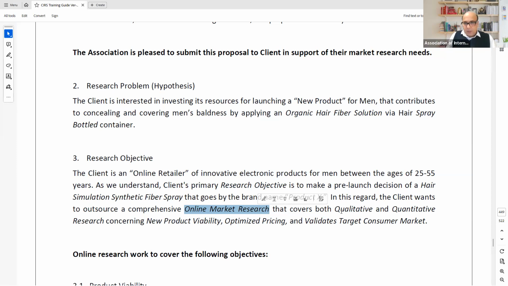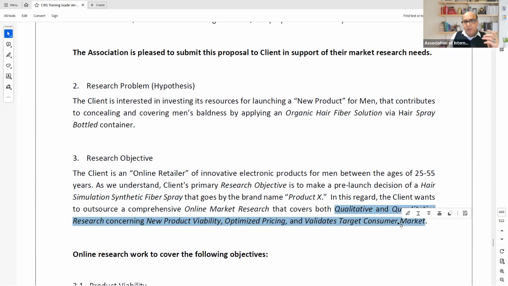Now, the words that you need to pay attention to are that it covers both qualitative and quantitative research concerning new product viability, optimize pricing, and validate target consumer market. So these are the three subsections of online market research that the client is interested in.